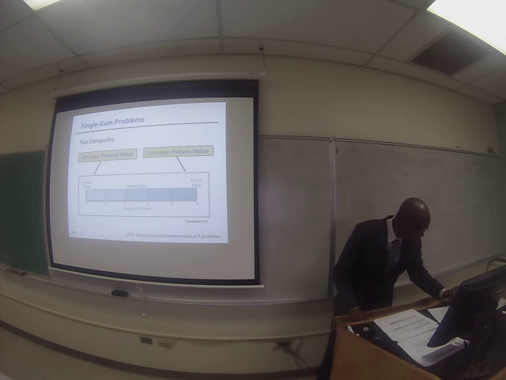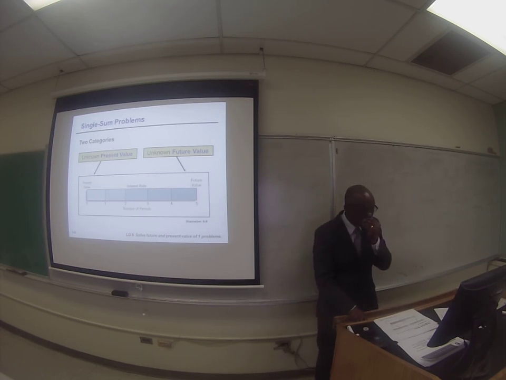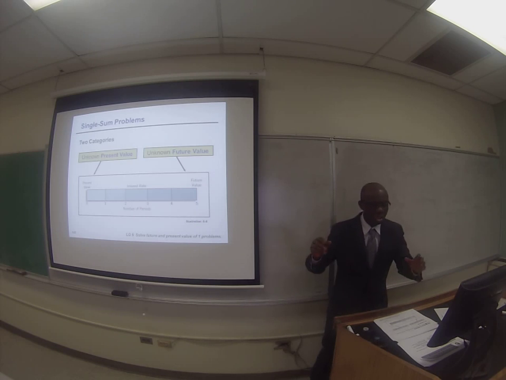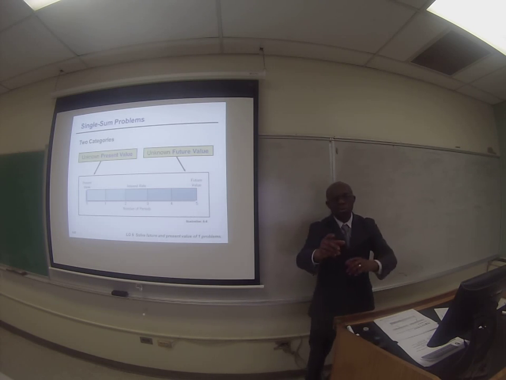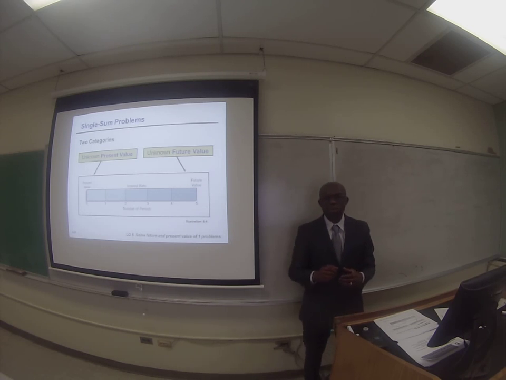Alright, let's take a look at single sum problems. When we talk about single sum versus what? Annuity. Single sum meaning we are talking about only one sum. For example, if we are to invest $10,000 today for 5 years versus investing $10,000 every year for the next 5 years.